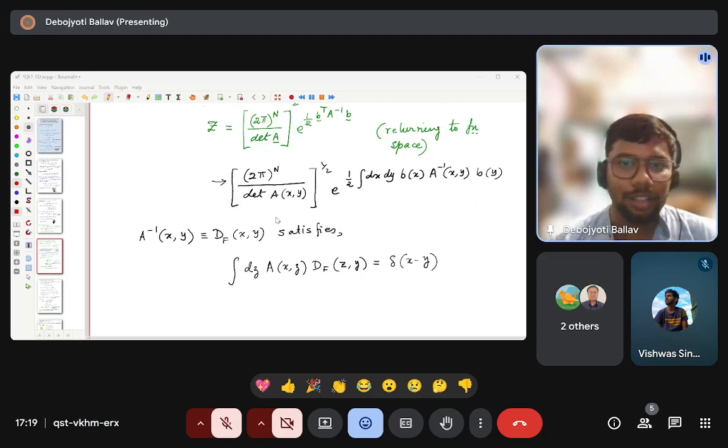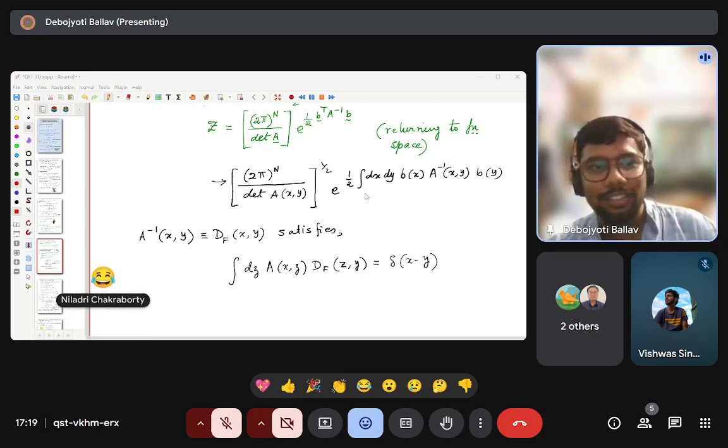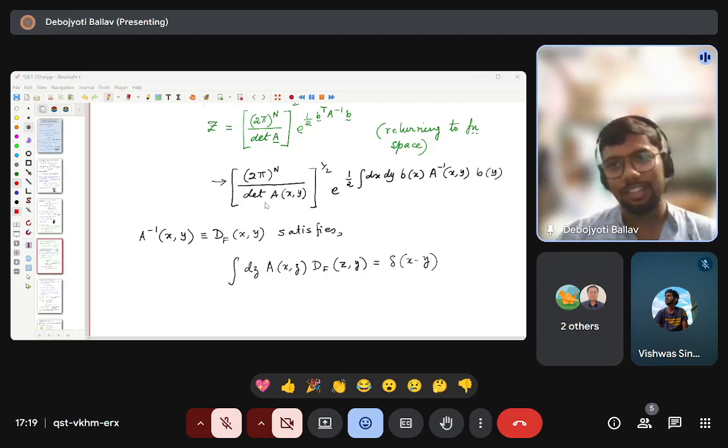And anyway, this is a constant factor, so you can put it under the carpet, you can just call it z of some constant. What is important is this integral, not this front factor, because they are just constant. That's the determinant. So you can just put it under a carpet, there is a constant, and z is proportional to this integral.